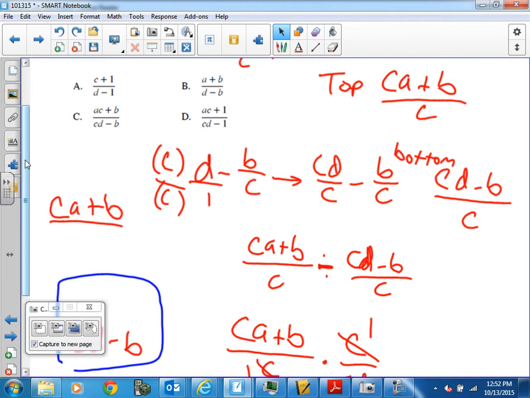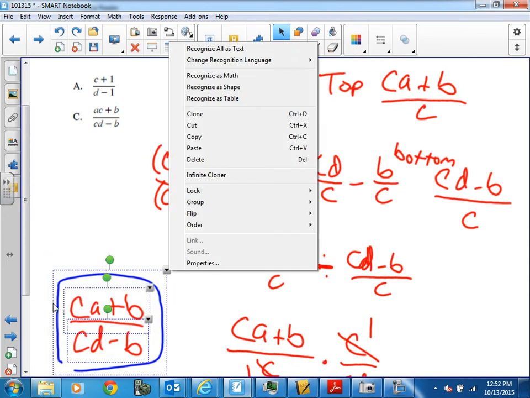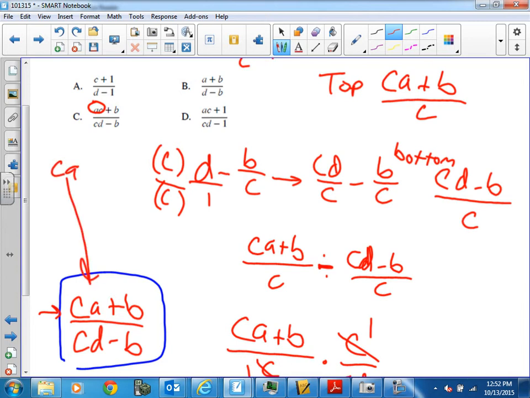However, if I look at CA plus B, this top, remember, AC and CA are the same thing.